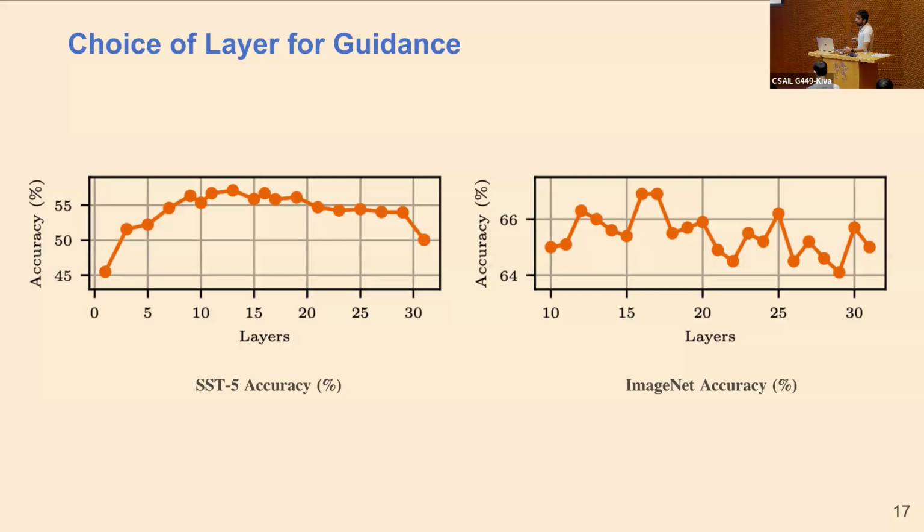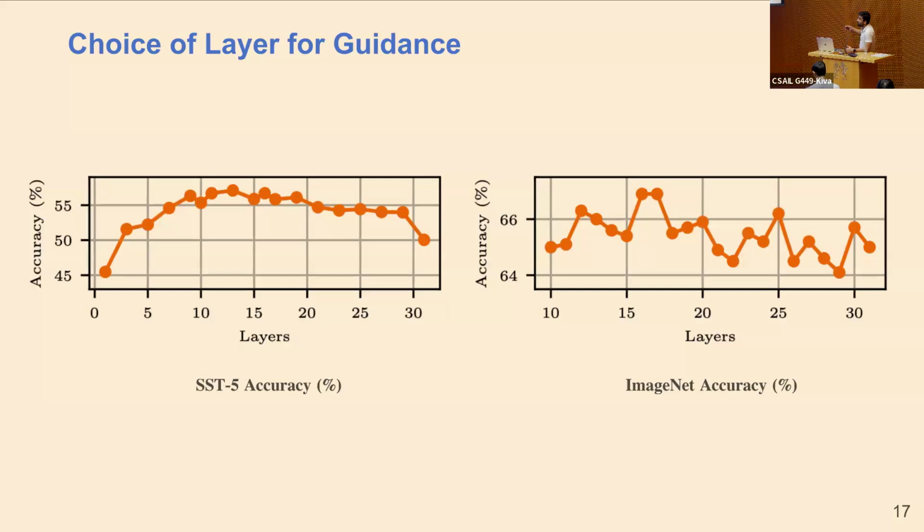This hints that the middle layers can give semantically meaningful sentence embeddings, although these decoder-type VLMs are not really suitable for this particular task. But it hints towards this at least. Then for ImageNet accuracy, we ran a sweep and found that layers 16 and 17 also gave the best accuracy.